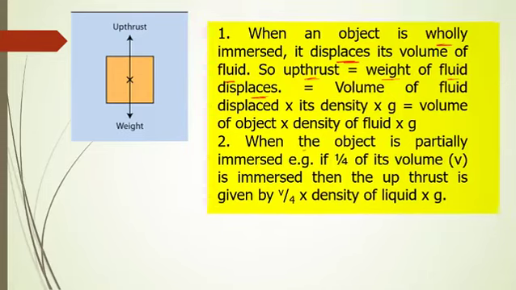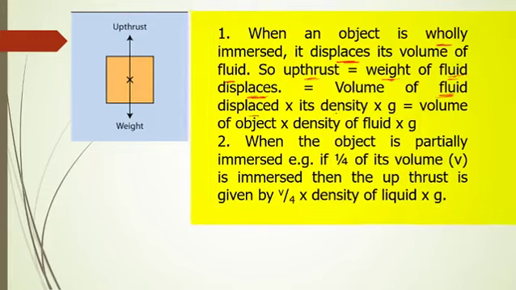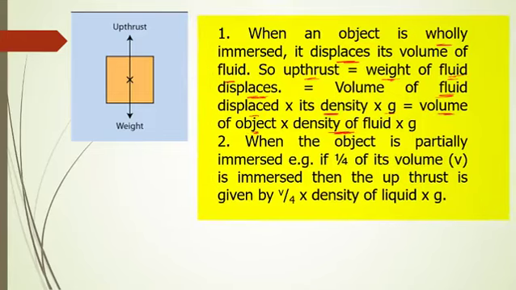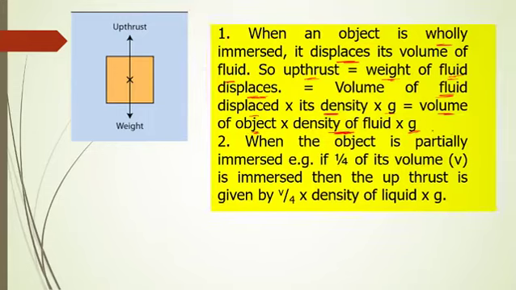The upthrust, the apparent loss of weight that this ball experiences, is equal to the weight of the fluid that the ball displaces. It is also equal to the volume of fluid that has been displaced times its density times acceleration due to gravity, and is also equal to the volume of the object times density of the fluid times acceleration due to gravity. That's the first point of Archimedes' principle.